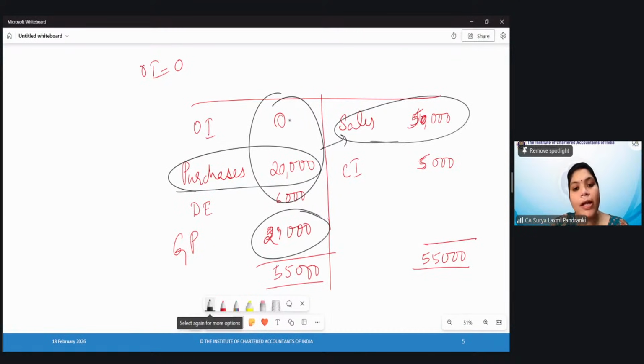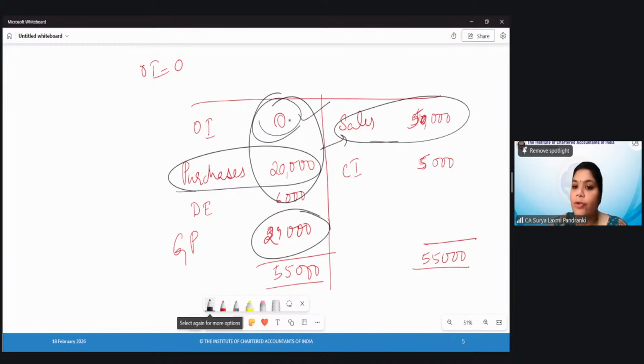जो purchases है हमारे पास in that year वही sell करेंगे हम. जब opening inventory नहीं है, तो क्या है, when you start your business, like suppose this is your startup or this is the first year you have started your business, do you think you will have opening inventory? Definitely not, because from where will you get your inventory? कहाँ से आएगा inventory? Because you just started your business, you will not have inventory. So when it is a start of the business, opening inventory is definitely zero only.